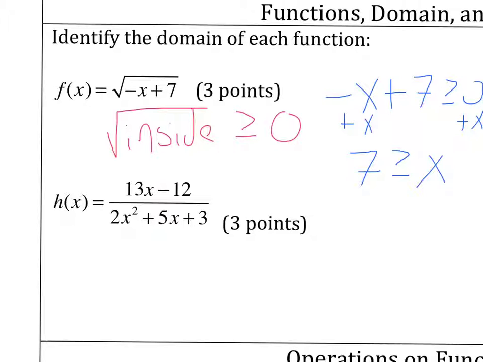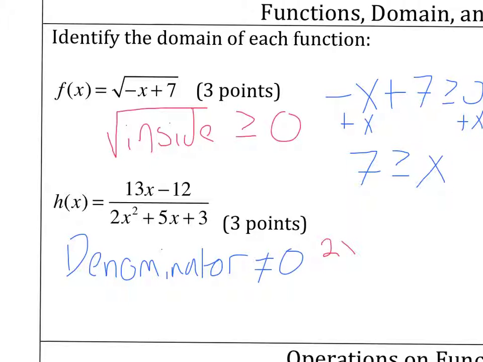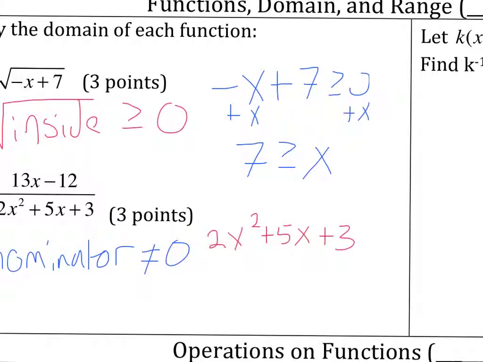For all fractions, the domain has the same rule also. The denominator cannot equal 0. So given that rule, we set 2x squared plus 5x plus 3 not equal to 0. Let's factor that.